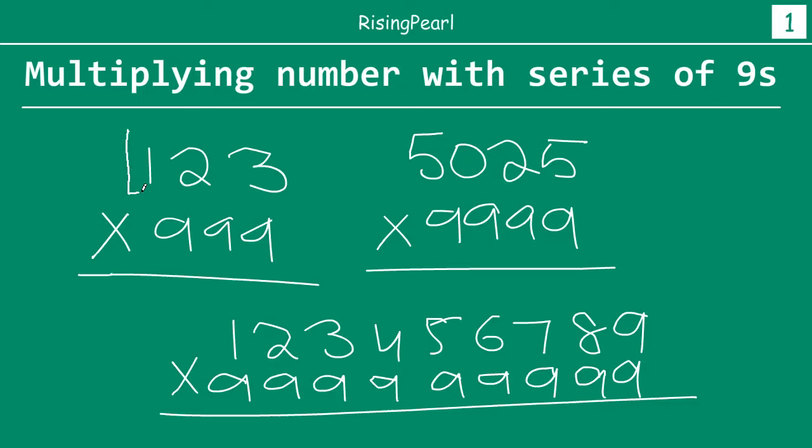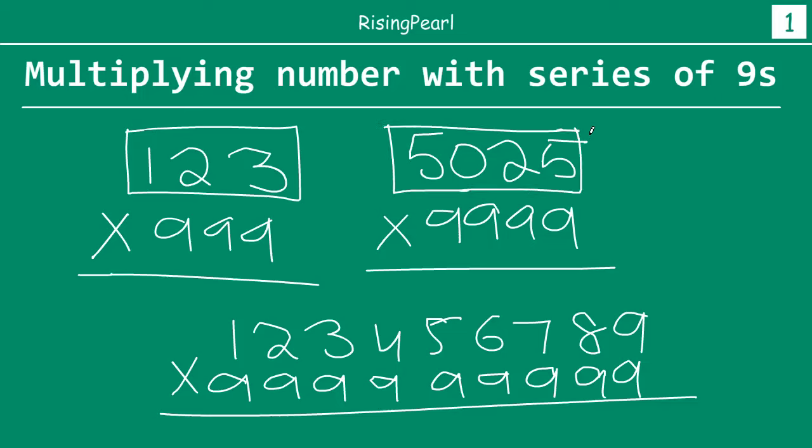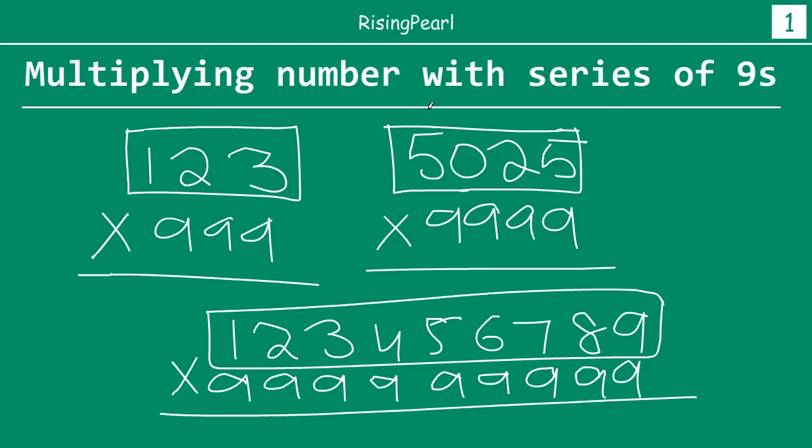And you may be wondering, where am I getting these numbers? Well, I'm just plucking them from thin air. That means I'm just writing these numbers from my imagination. So these numbers that I'm boxing are the random numbers. And if you notice, we're just multiplying these numbers by nines. I'm making sure that I have the same number of digits in this and in the number with the nines.